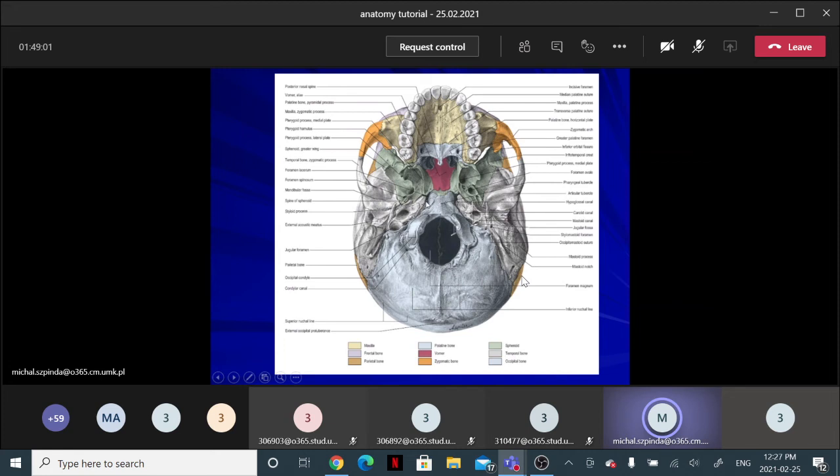Lacerum means torn. To lacerate means to tear. So the foramen lacerum is lateral to the basilar part of the occipital bone and posterior to the root of the pterygoid process.